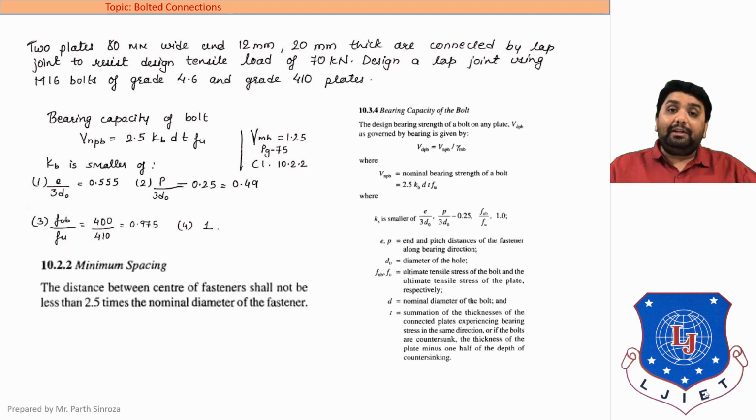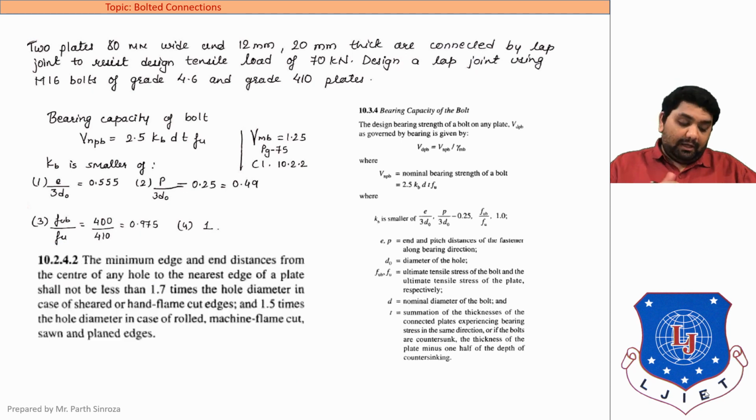The next thing we need to find is the edge distance, and for that you will need to go to the next page, clause number 10.2.4.2. Here it is given that the minimum edge and end distance from the center of any hole to the nearest edge, in any direction, shall not be less than 1.7 times the hole diameter.